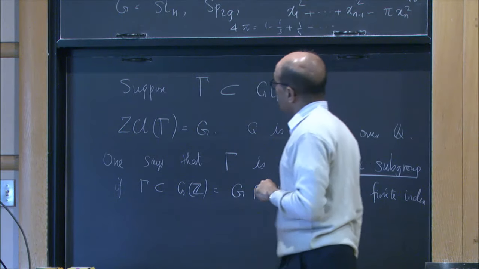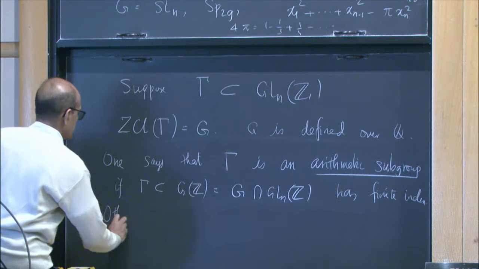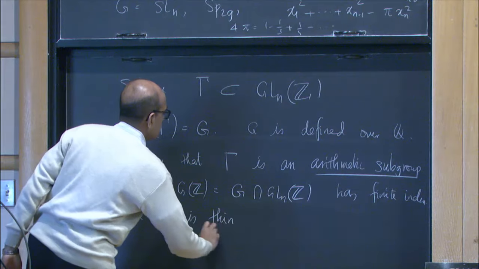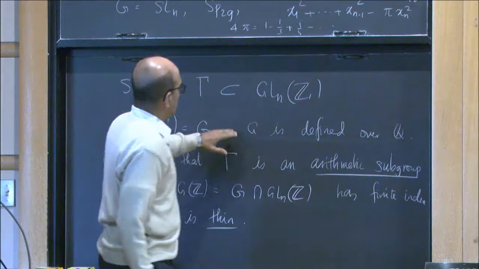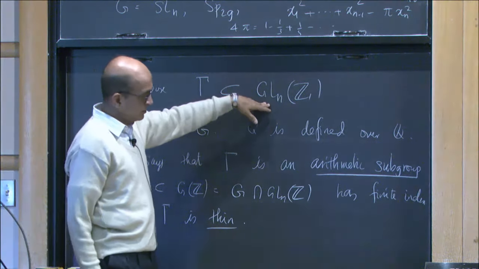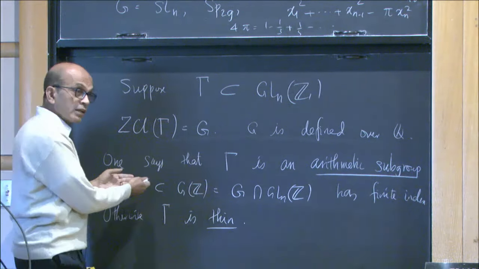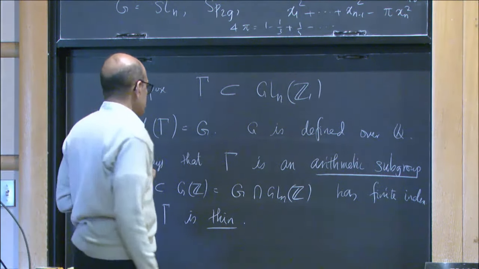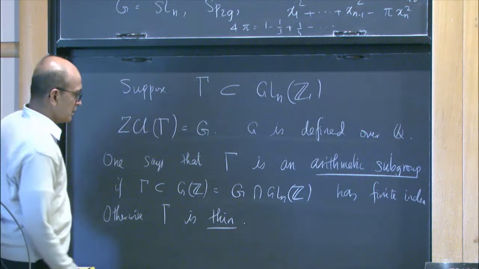Otherwise gamma is thin. The issue is whether a given finitely generated subgroup of GLnZ is an arithmetic group or not. By the way, there is a result which says that all arithmetic groups are finitely generated. I think that's a result due to Borel-Harish-Chandra.